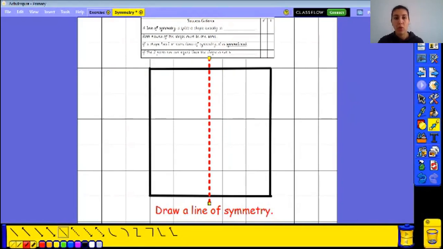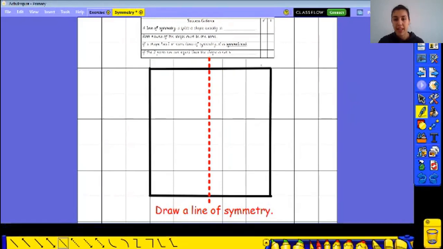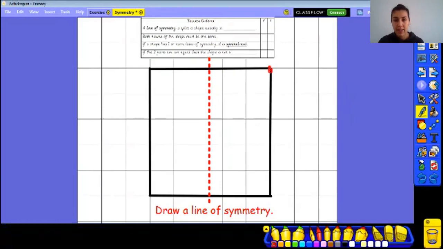So you don't always have to use the lines on the square background here, okay? So here I can see that this vertex is 1, 2.5, and this vertex is opposite 1, 2.5. So that is now in the middle.